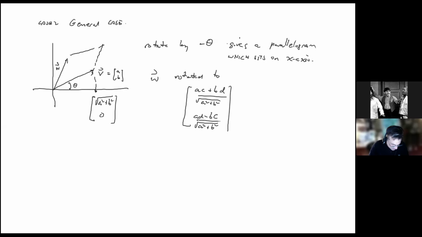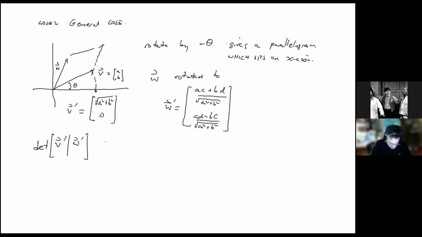So the two vectors that we have to look at, let's call this V prime and W prime. The area of the new parallelogram formed from V prime and W prime is the same as the original parallelogram. On the other hand, what's the determinant of the matrix given by V prime and W prime?